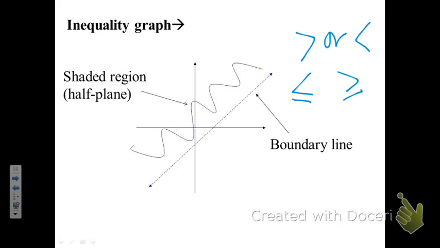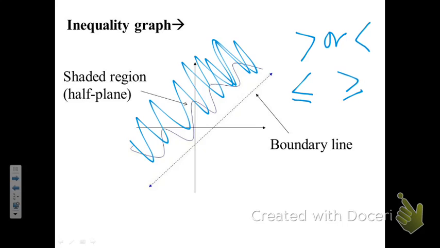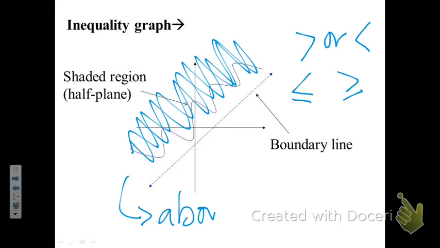And we also shade a region. In this case, it would be all of these values over here. They're considered above the line. And those would all be solutions to our inequality.